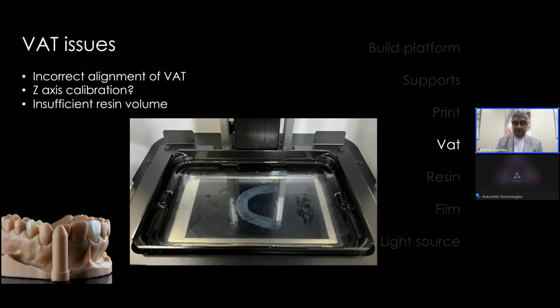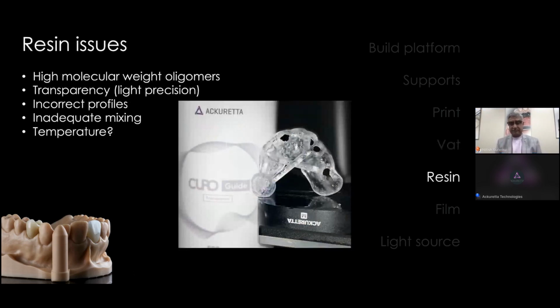Sometimes you can have insufficient resin volume. And so it's interesting what causes these failures, because you learn more and more about 3D printing when you have failures, because each one of them is an opportunity to find out what did I do wrong and what can I do better. So VAT issues, yes, but very unlikely with the sol.